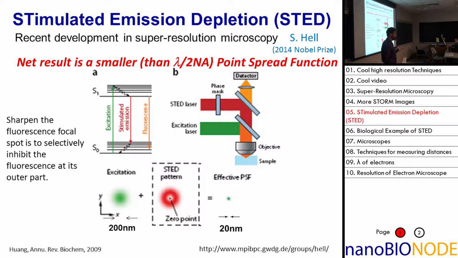And the answer is no. You can have a whole bunch of fluorophores in here. There'll be stimulated emission over here, and the remaining thing, you can have one or you can have more than one. That's the main difference.